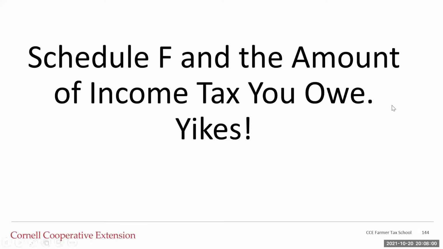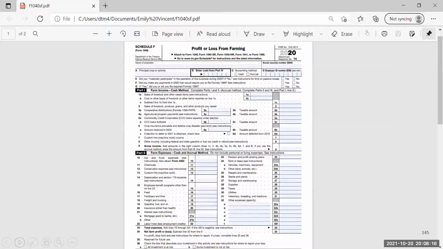So how does the Schedule F relate to the amount of income taxes that you owe? I want to walk us through the forms for a federal tax return. This is a Schedule F, profit and loss from farming, for the 2020 accounting year.